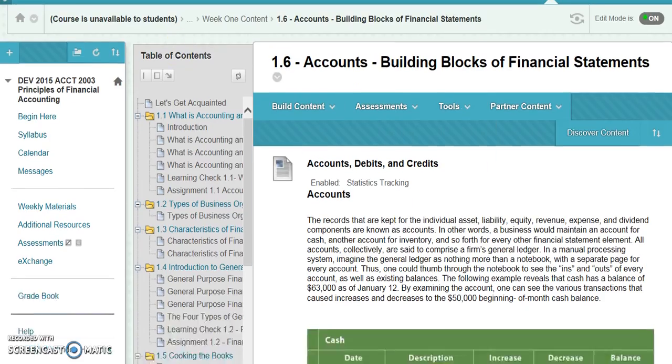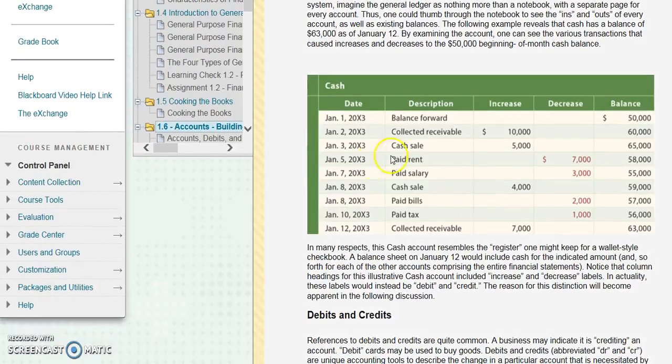So I'm going to scroll down here, and I've got a picture of an account, cash, and you start with the beginning balance, and all this is saying is that the company started with $50,000 cash at the beginning of the year, and then certain items increase or decrease that cash account. So most likely, if you're increasing your cash, you're collecting from customers, and if you're decreasing, you're paying off some expenses. So this is what's referred to as an account. It's a collection of all the increases or decreases in the account.